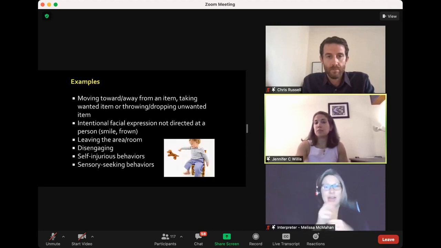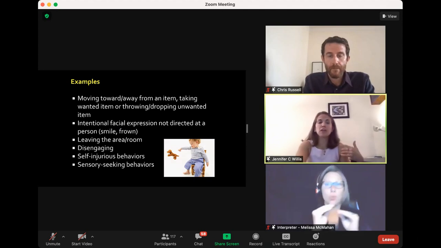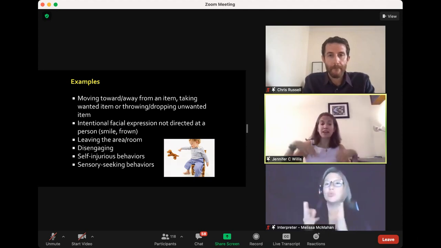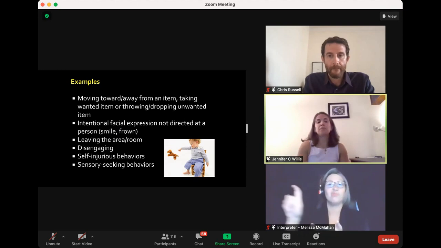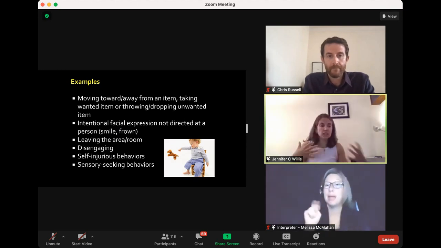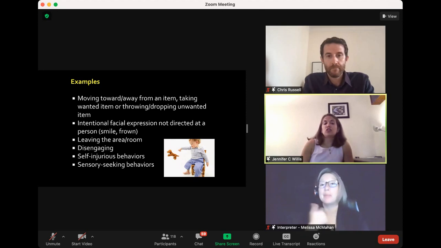Some examples might be moving towards something or away from something, like the student who gets up from the circle time area and leaves the room. This can also be sensory seeking behaviors, things they do just to meet a need, but it might also be some self-injurious behaviors that are fulfilling a need.